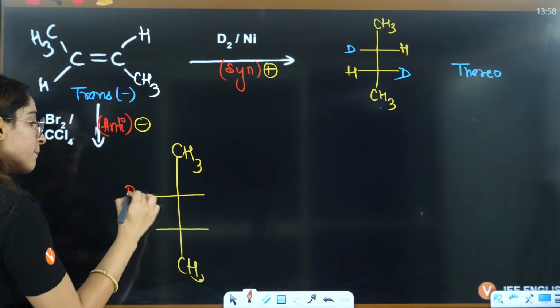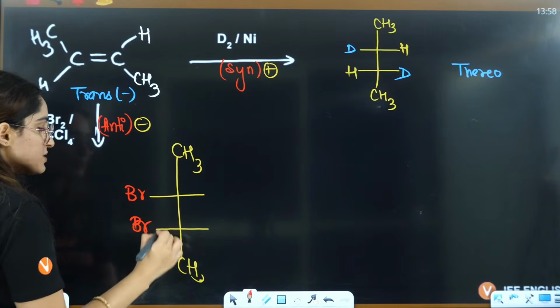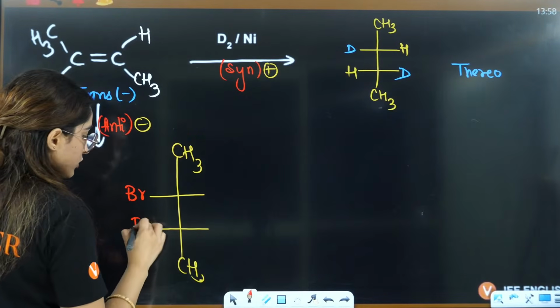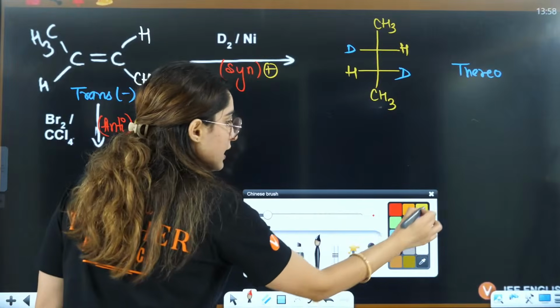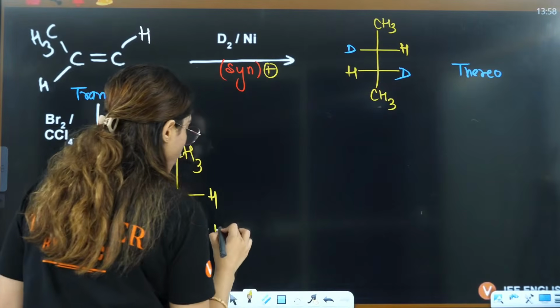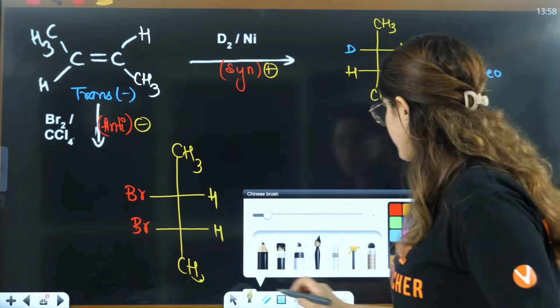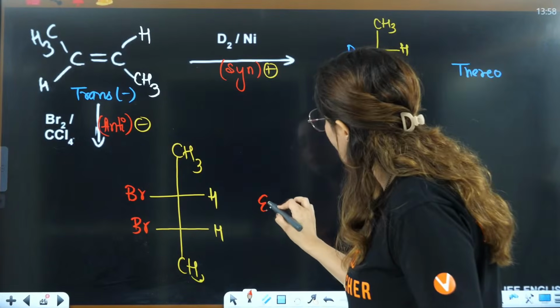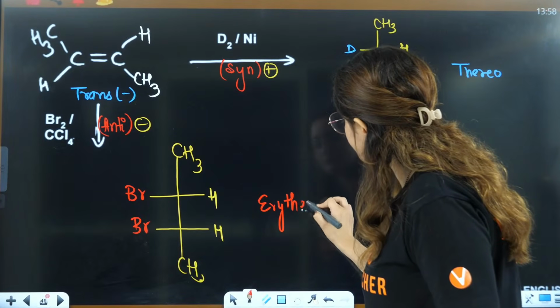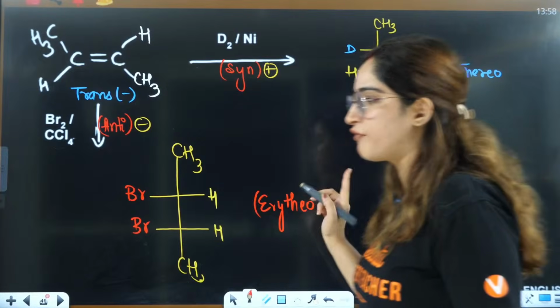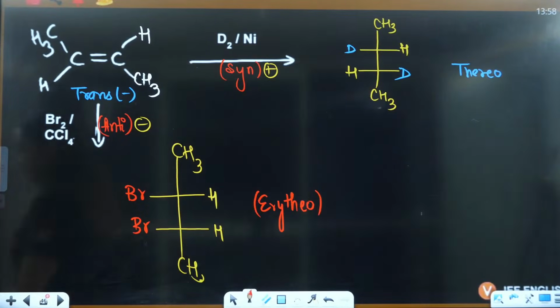That means Br is added on the same side, and you will have the formation of erythro compound. Tell me, is that clear? Okay. Yes.